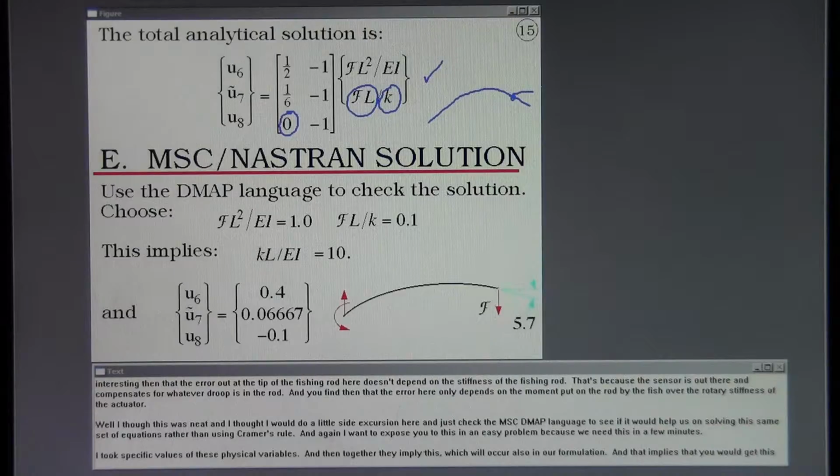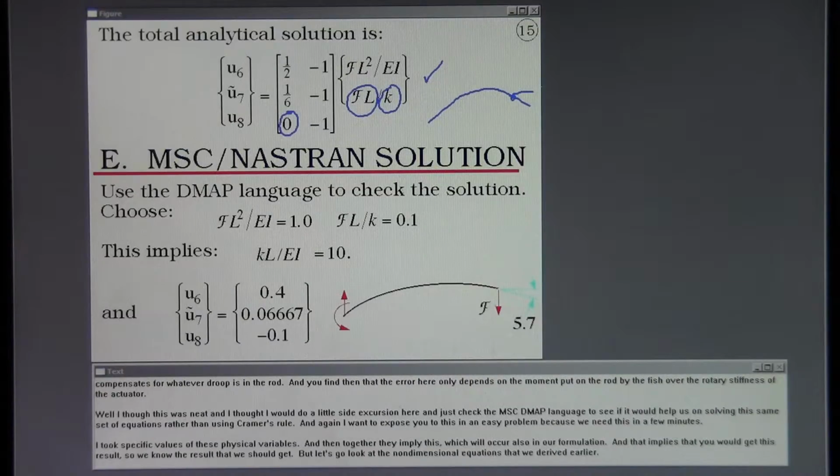Well, I thought this was neat, and I thought I would do a little side excursion here and just check the MSC DMAP language to see if it would help us on solving this same set of equations rather than using Cramer's rule. And again, I want to expose you to this in an easy problem because we need this in a few minutes.